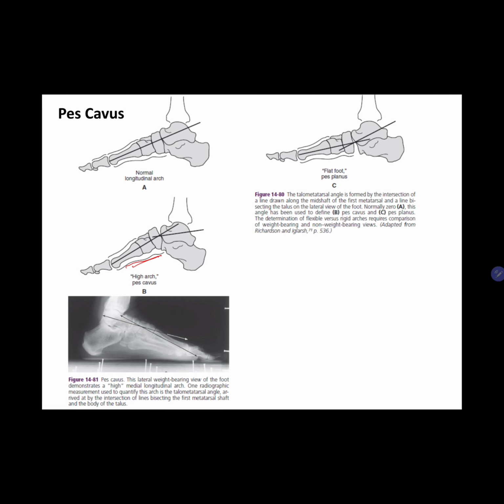A calcaneal pitch over 30 degrees is indicative of pes cavus. The tarsal-metatarsal angle, as seen on the lateral view here, gives a value for the height of the arch in the sagittal plane. So in here. Okay, so that should be greater than 30 degrees. Alright.